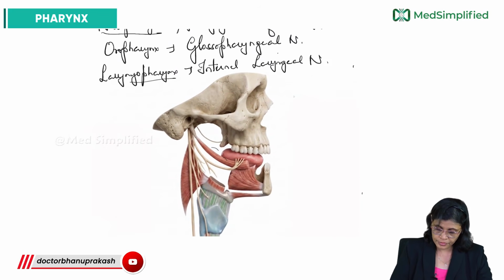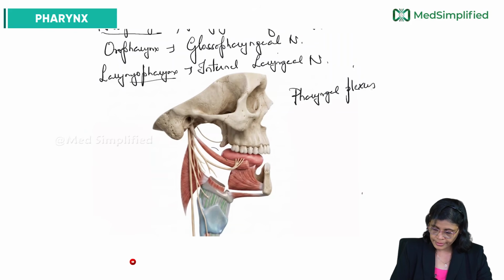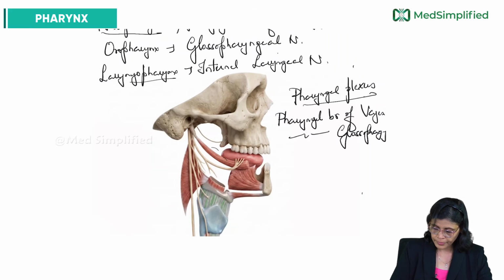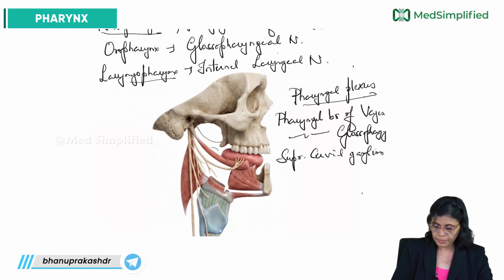And here these nerves form what we call the pharyngeal plexus. Now this pharyngeal plexus is contributed by the pharyngeal branch of vagus, the pharyngeal branch of glossopharyngeal, then the branch from the superior cervical ganglion of the sympathetic trunk.